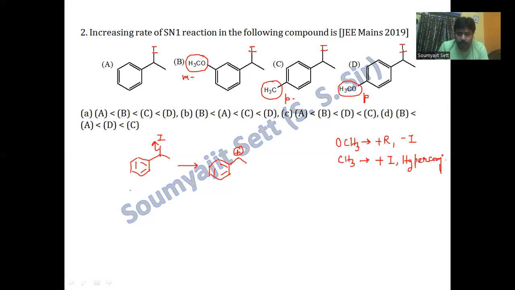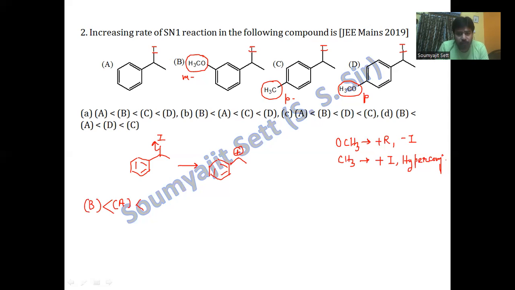Increasing order is asked, so B will be the last one. Next, CH3 and OCH3 both have electron donating effect. OCH3 has plus M or mesomeric effect, and CH3 has hyperconjugation effect. So A will be next, because A contains only hydrogen.